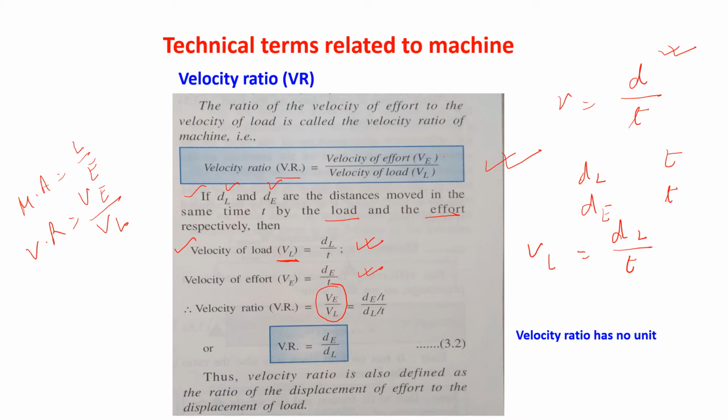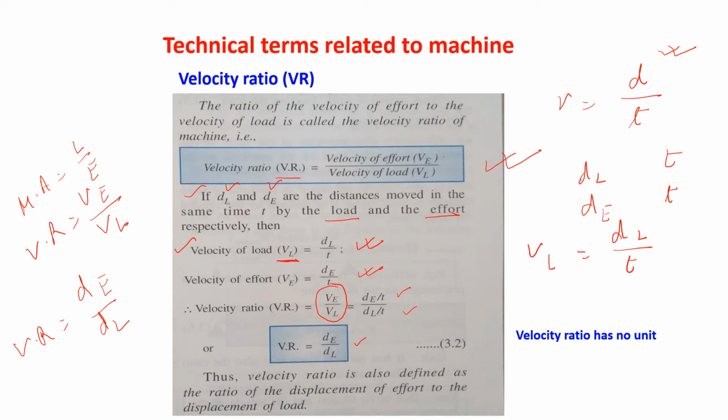In place of VE, I can write DE by T, and in place of VL, I can write DL by T. T gets cancelled. So velocity ratio is equal to DE by DL.